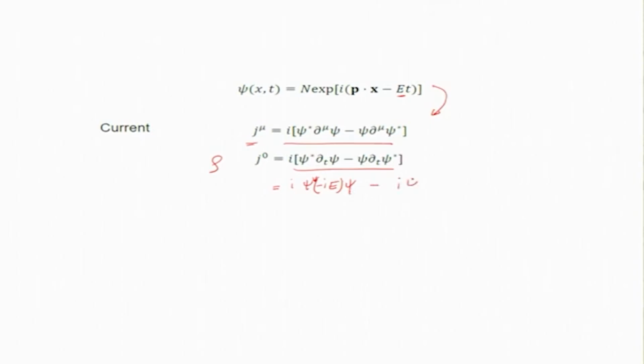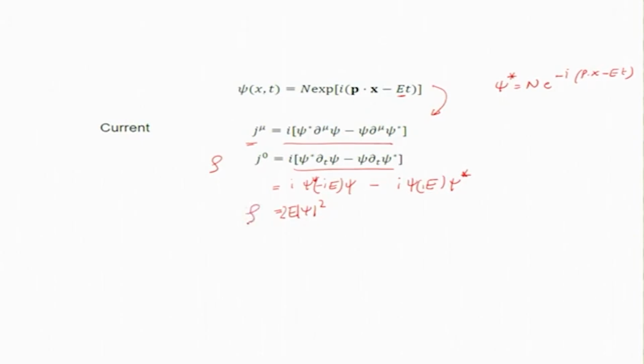The second term is minus psi d by dt of psi star, and psi star is N e to the power minus i p dot x plus iEt. So when I take the derivative I will get plus iE. So minus, and i squared will give you minus 1. So this becomes E times mod psi square, and here also i squared is minus 1. So 2 E mod psi square.